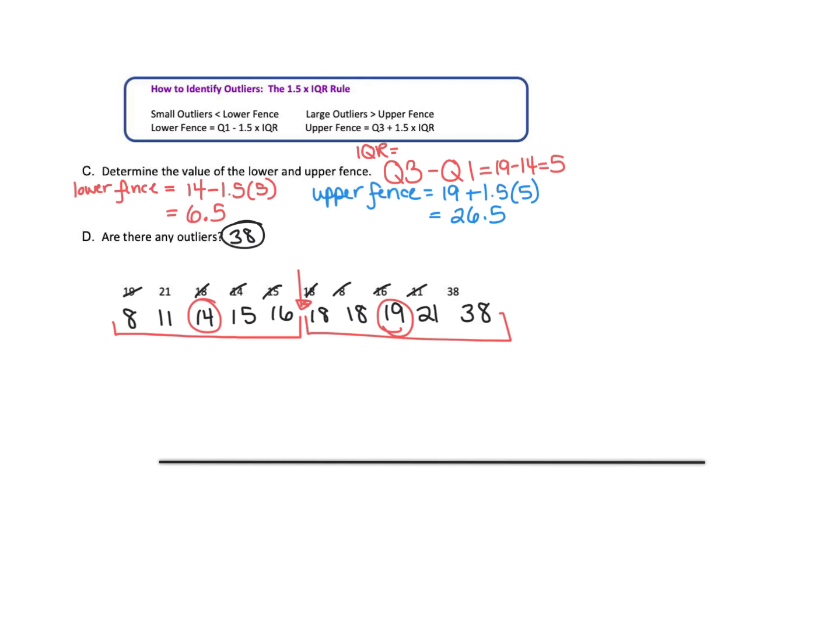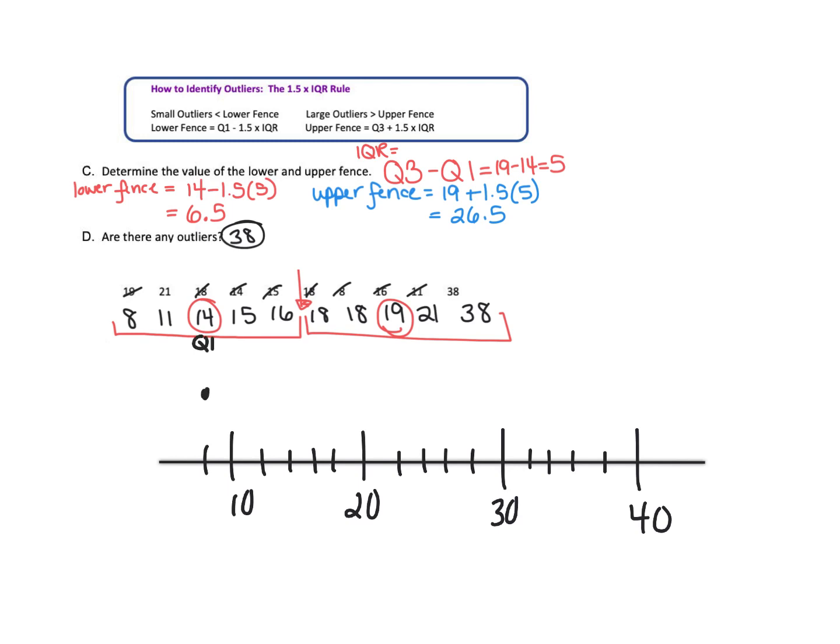So I still need to set up my horizontal axis. So my minimum is still 8. My quartile 1 was 14. 17 was my median. 19 was my third quartile. So this part does not change. And 38 had been my max. Now it's still my max, but now we're identifying 38 as an outlier.